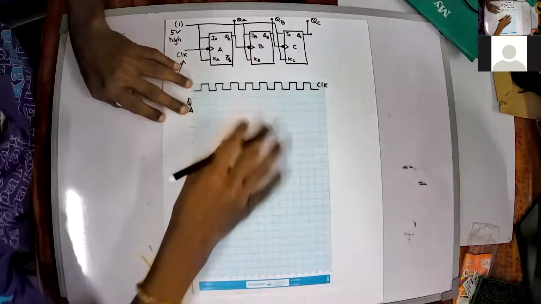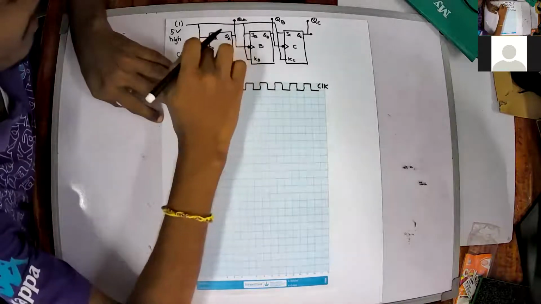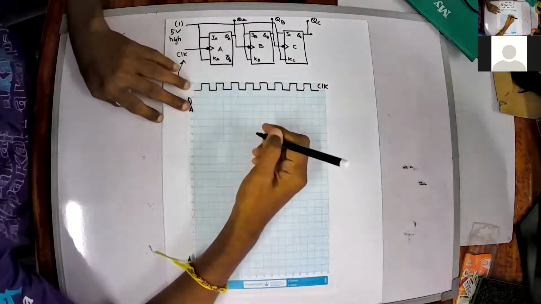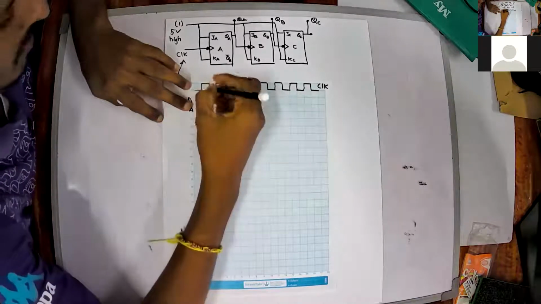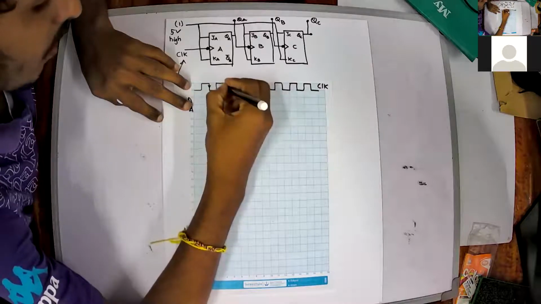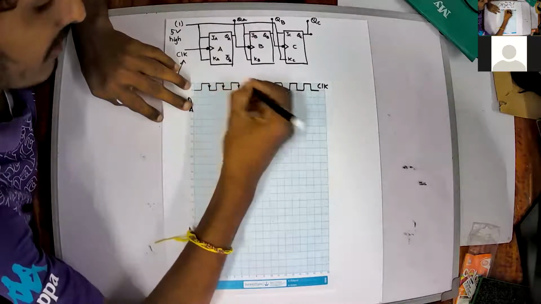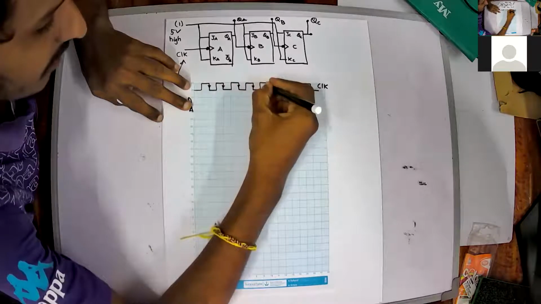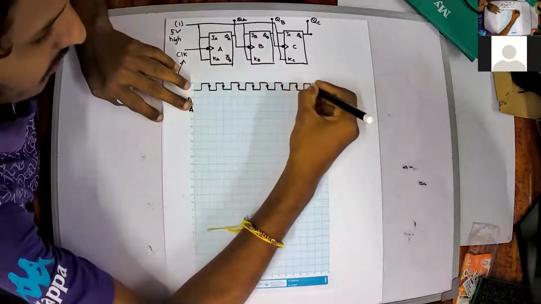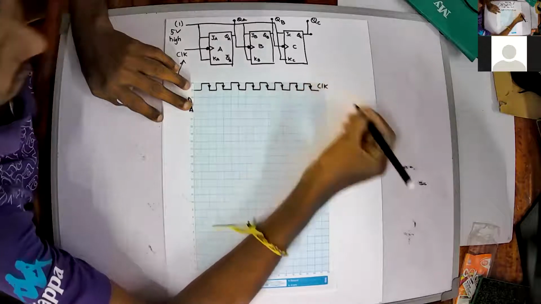As I said, all these are negative edge triggering flip-flops. So before going to solve the problems, let me mark all the negative edges in the clock pulse. This is the negative edge, negative edge, negative edge, negative edge, negative edge, and this is my negative edge.